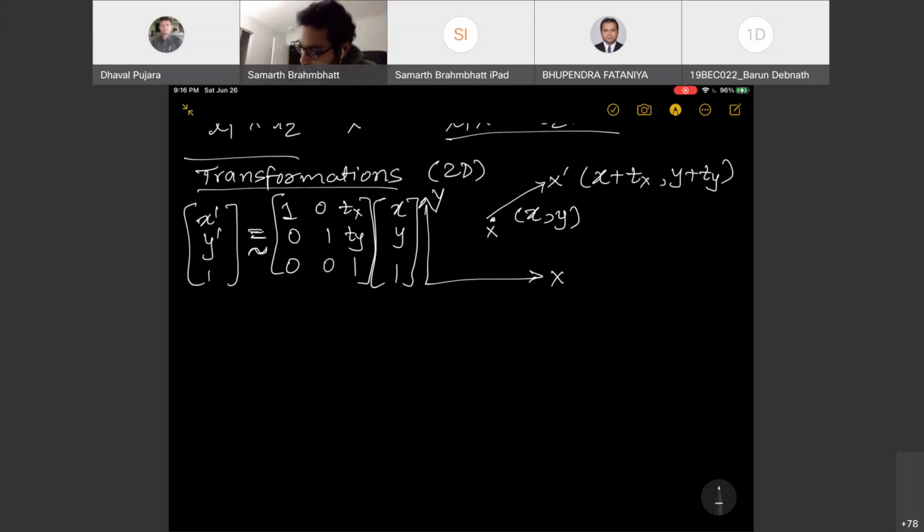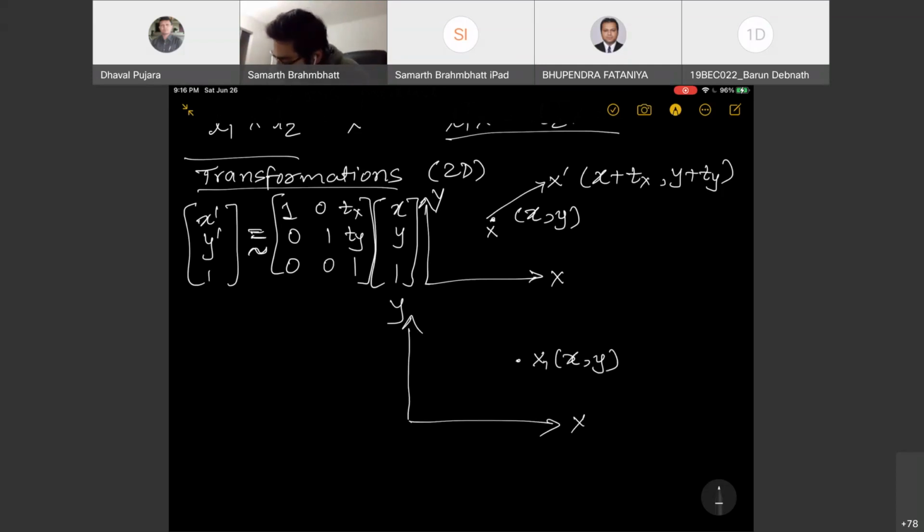So that was translation. Now, let's say we want to rotate the point. We have x y again, and there is this vector from the origin to that point.